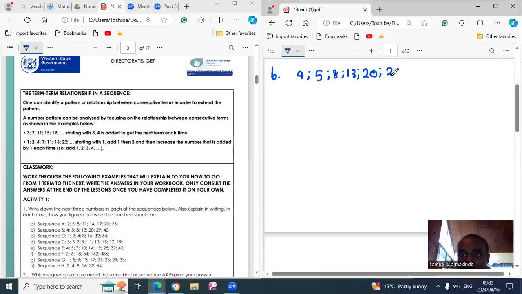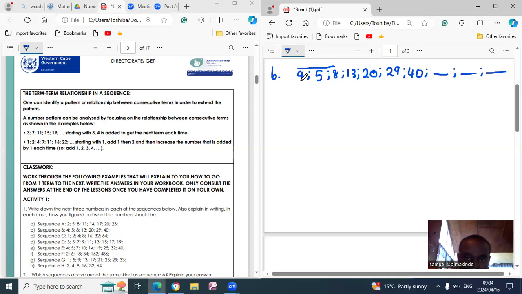We have 29, then we have 40. So we have to find the next 3 terms in this sequence. So now, let's consider the first 3 terms: 4, 5, and 8.